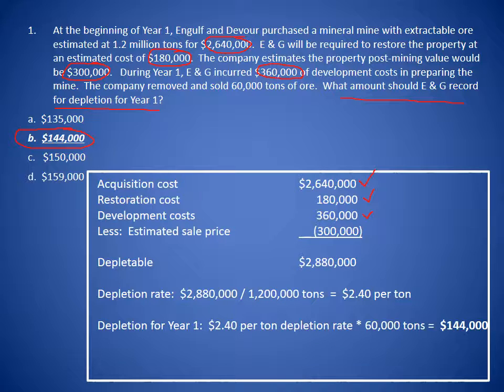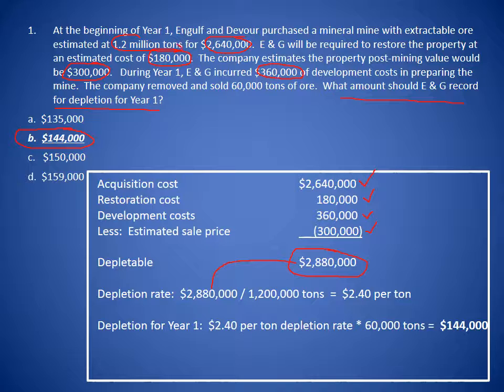In other words, they could probably sell the property for $300,000. So that means the depletable basis for the property would be $2,880,000.